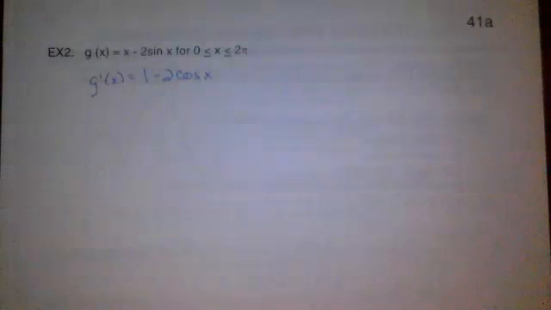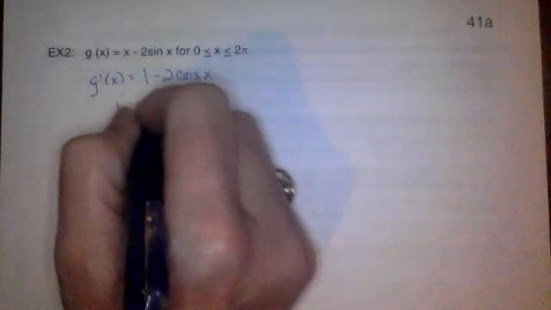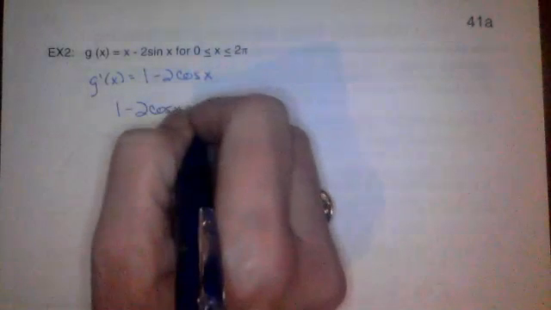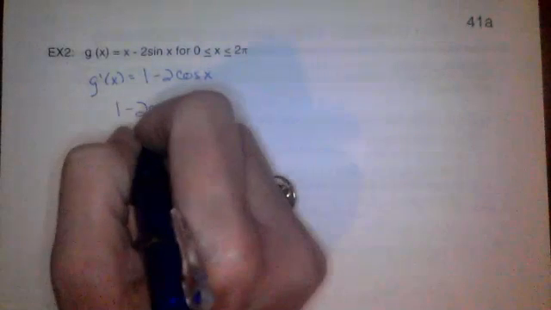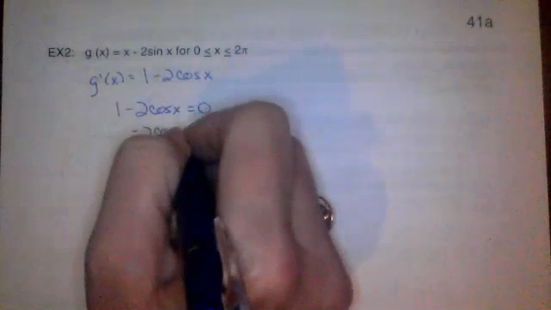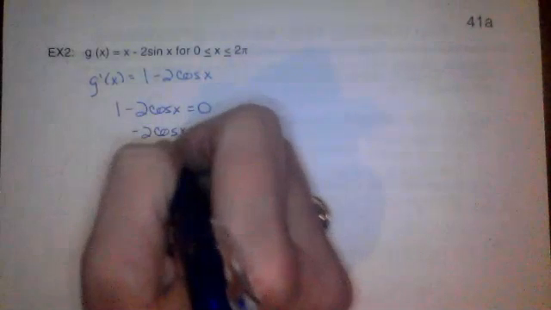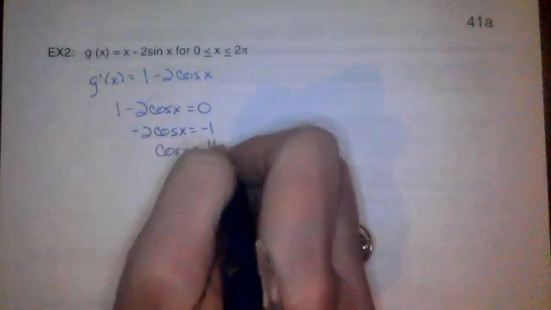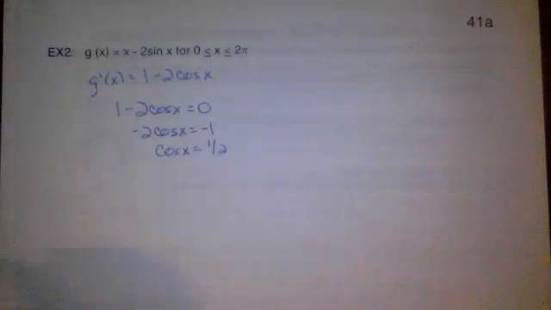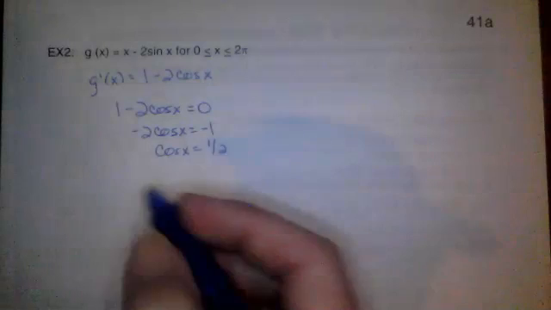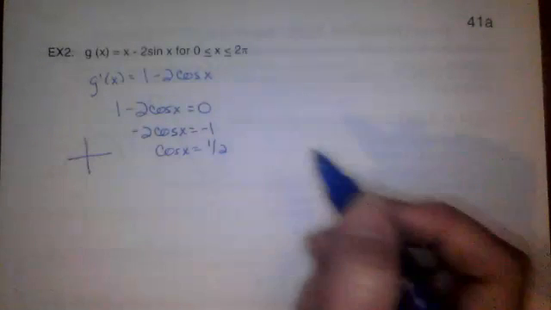And so we want to figure out if there's any place where that is equivalent to 0. So 1 minus 2 cosine x equals 0. 2 cosine x equals 1. Cosine x is 1/2. And cosine x is 1/2 is positive, first of all, in quadrants 1 and 4.